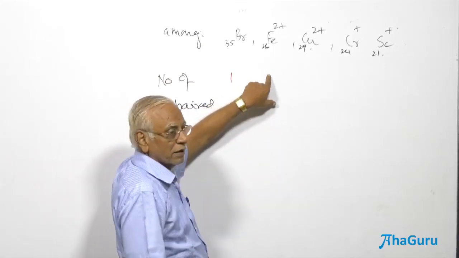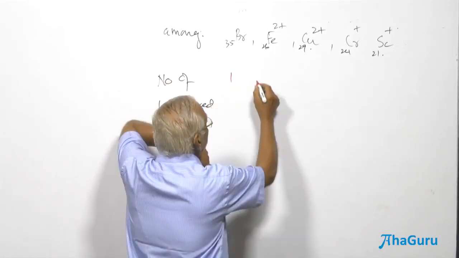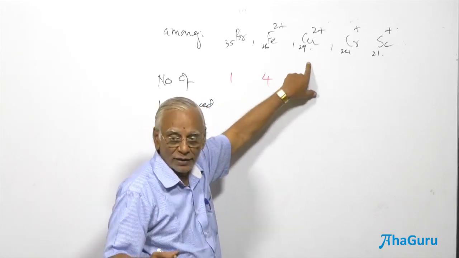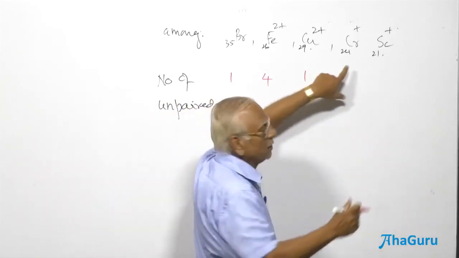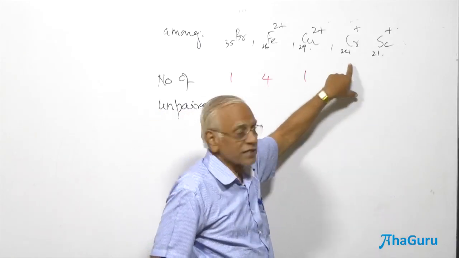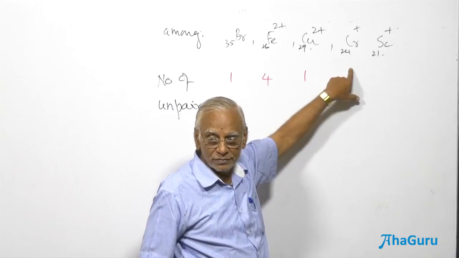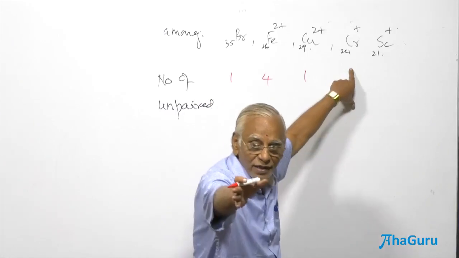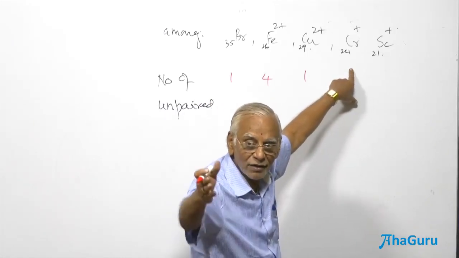Neighbor? 4. You tell me. 1. Neighbor? In Cr+, how many? You tell me. 5.